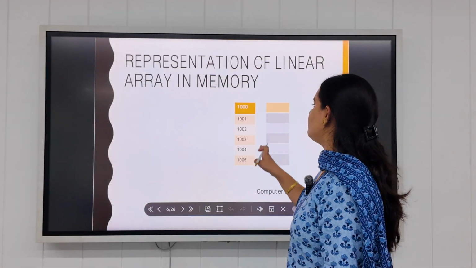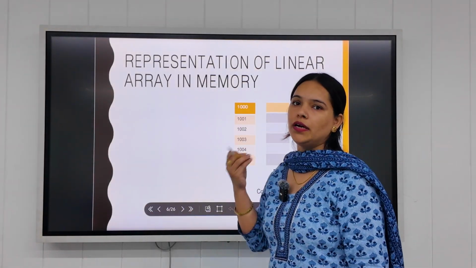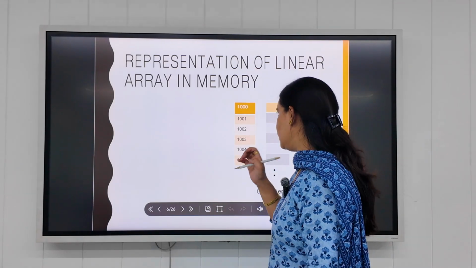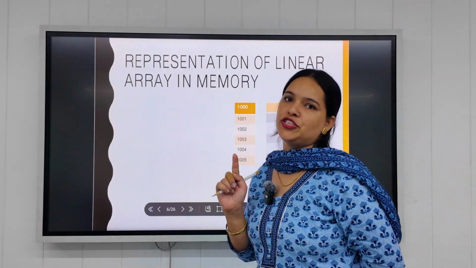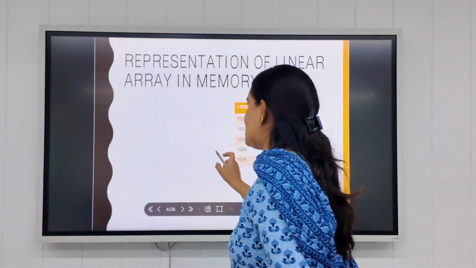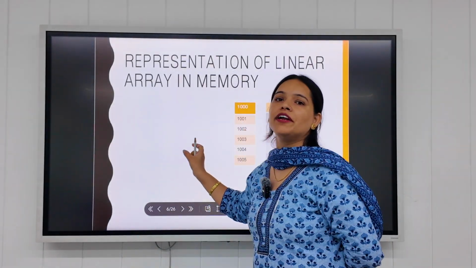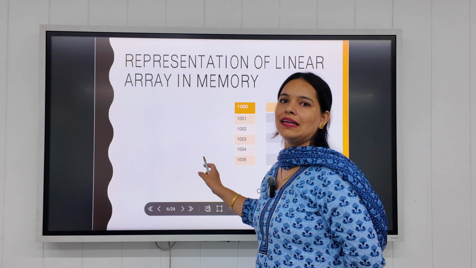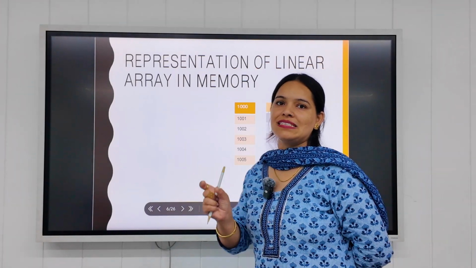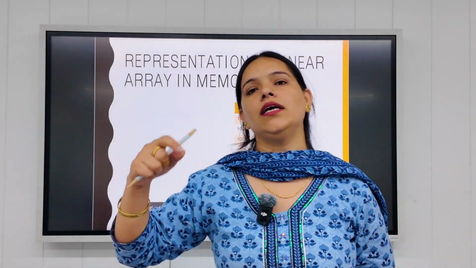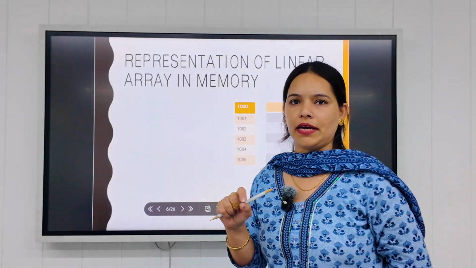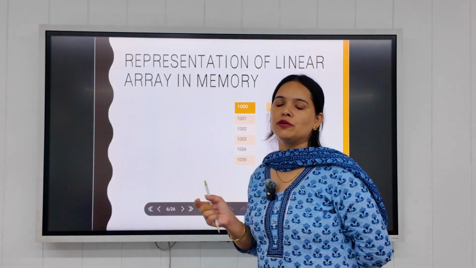So if I am assigning any data type to the array, like one integer variable occupies 4 bytes, then for any number of data items which we are defining in the array, it will contain the size of array times the size of that data type, that memory location.